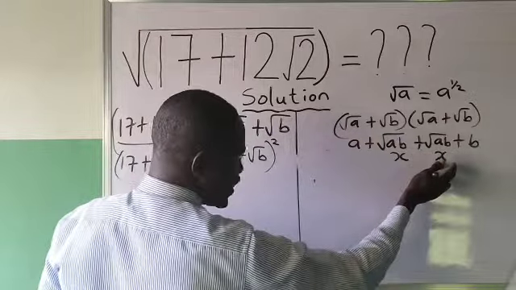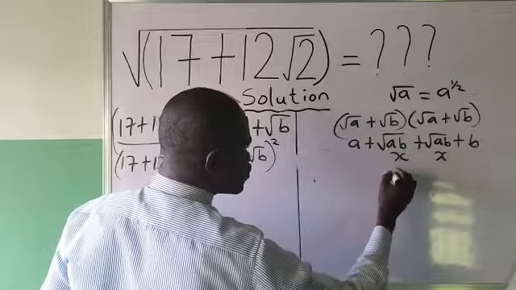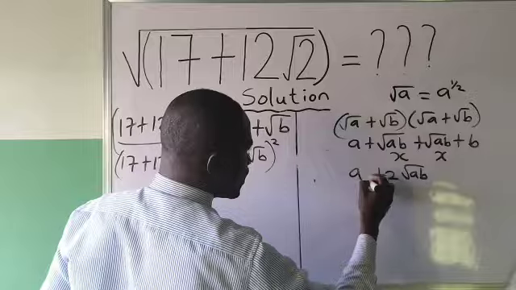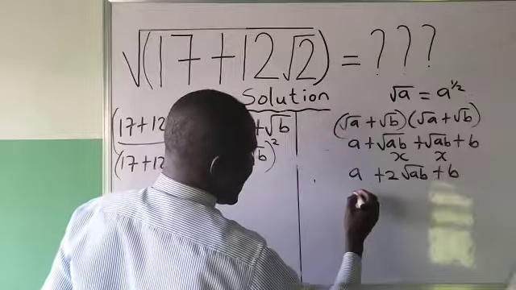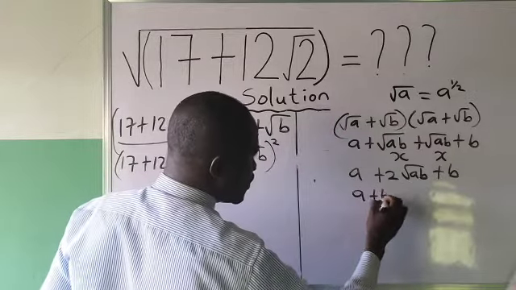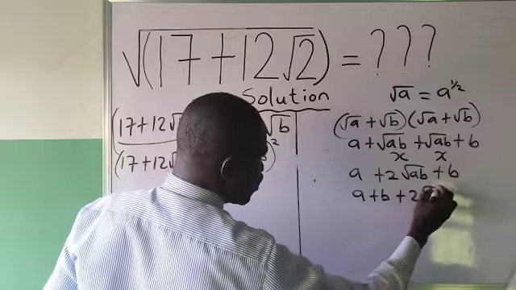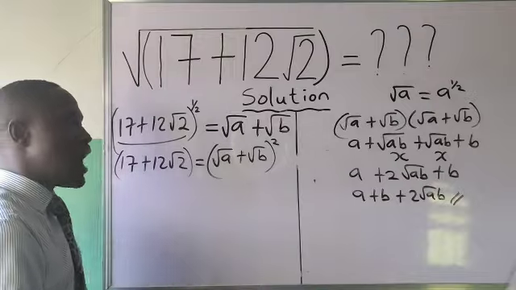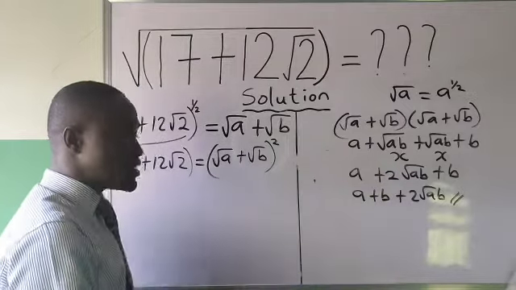X plus X is 2X. So this plus this is 2 root what? AB. Plus A plus B. And that will give you A plus B plus 2 root AB. That is one of the ways we do our expansion in junior secondary.